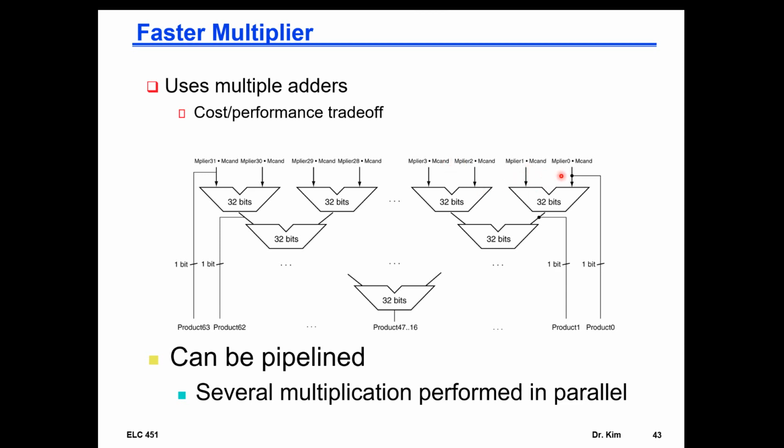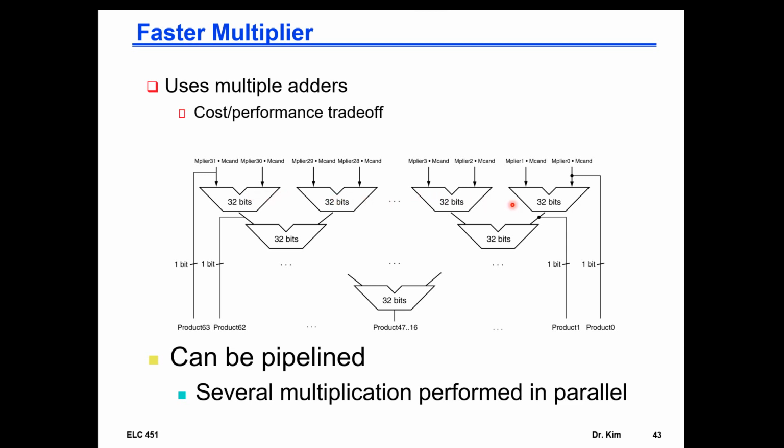So in this case, if you have two 32-bit numbers, and you end up with 32 partial products, and you add them two at a time, you have 16 adders here that produce 16 results.